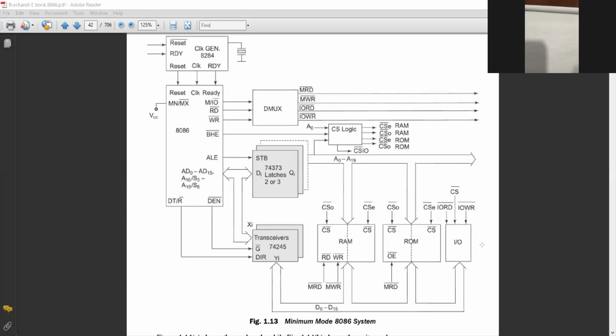Here you will get CSE ROM, CSO ROM, CSE RAM, CSO RAM, and another is CSIO.